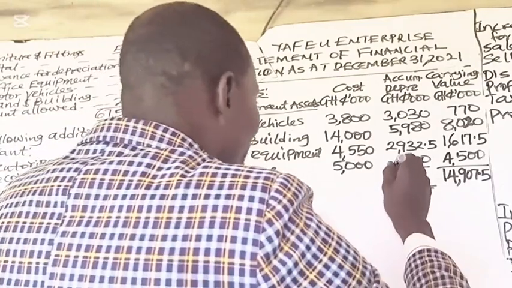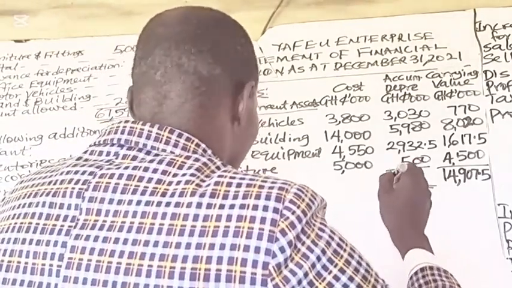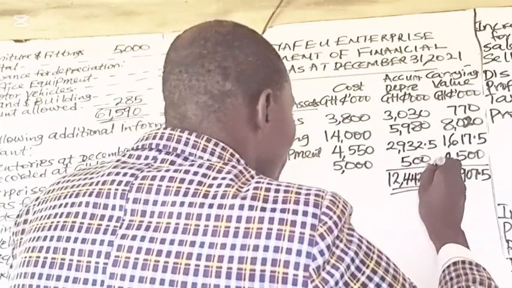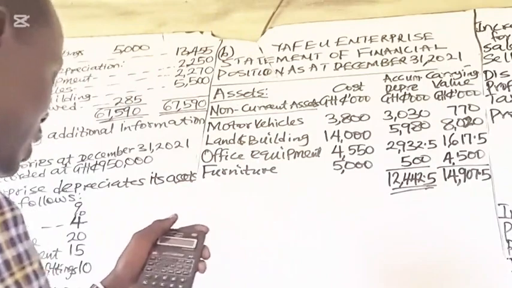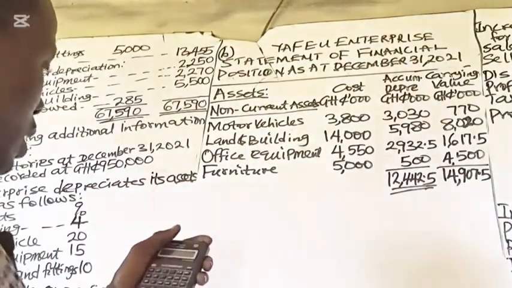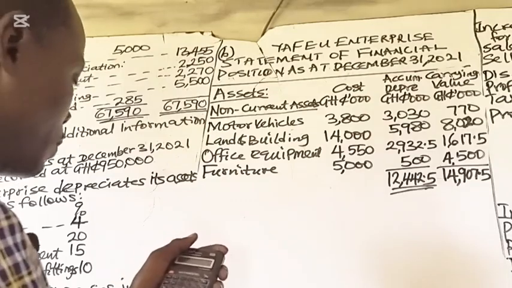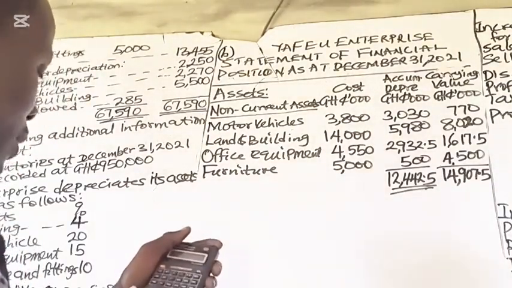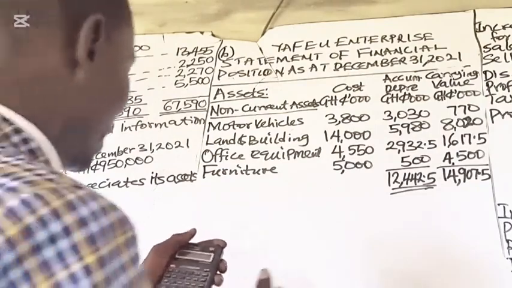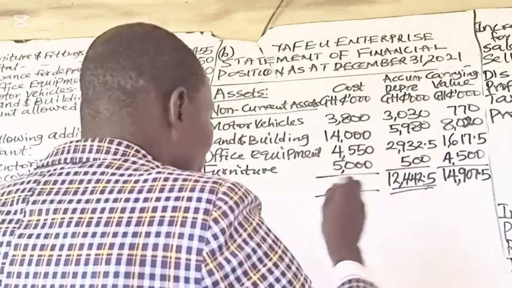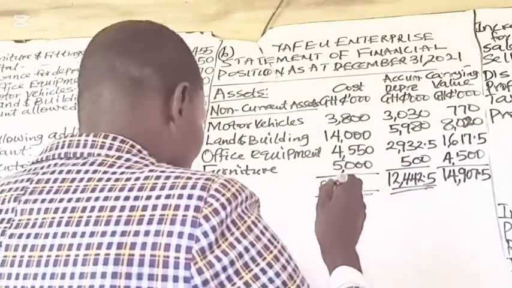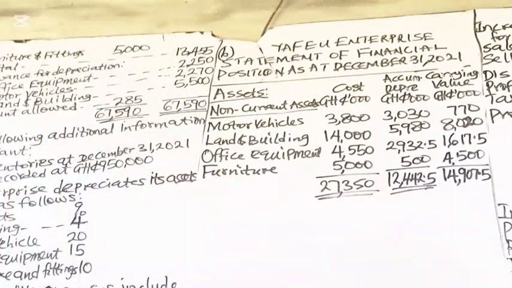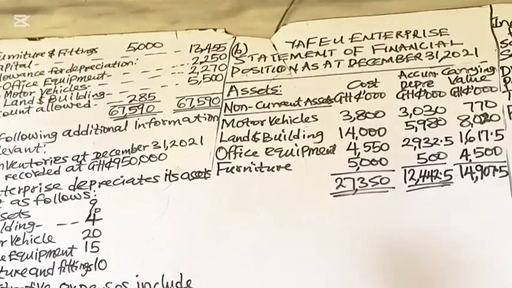So we have 12,442.5. Then the cost: 3,800 plus 14,000 plus 4,550 plus 5,000. This gives us 27,350.